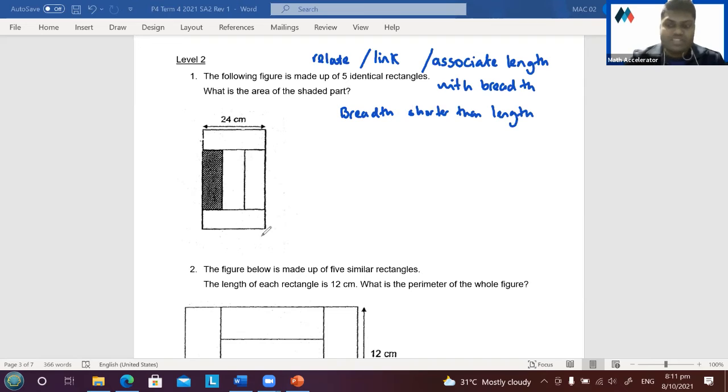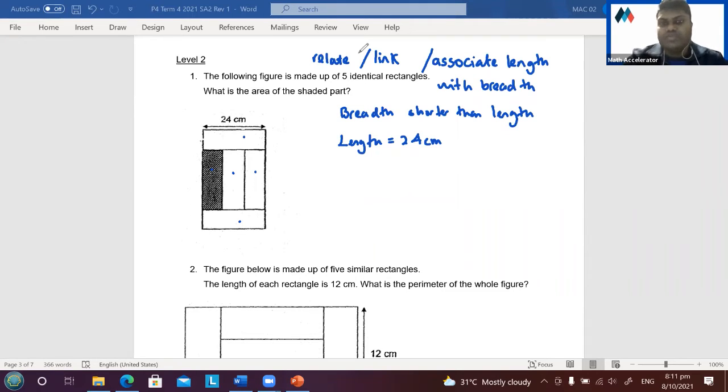So for a question like this, what you're going to do is find out how many breadths equal one length. Okay, if you see all these rectangles, 1, 2, 3, 4, 5, they're all the same rectangles here. So if you realize, this 24 cm is the length. Write down length equals 24 cm.